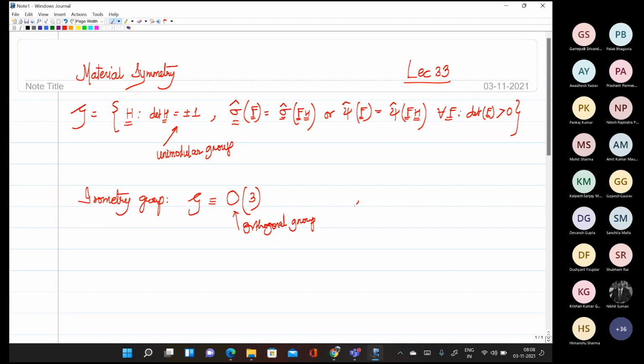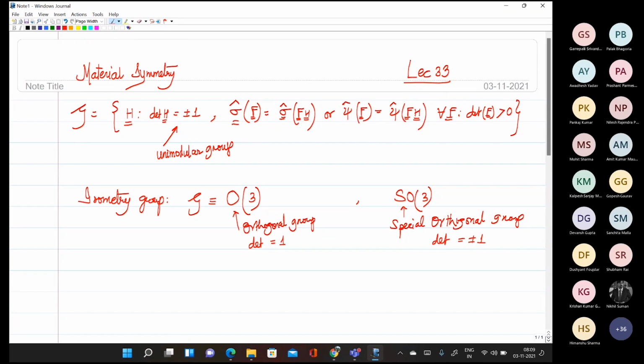And there is of course something called SO3, the special orthogonal group. It's a formal name in mathematics. The orthogonal group is such that the determinant can be both plus minus 1, so it contains both rotation and improper rotation or reflection, whereas the special orthogonal group contains only rotation.